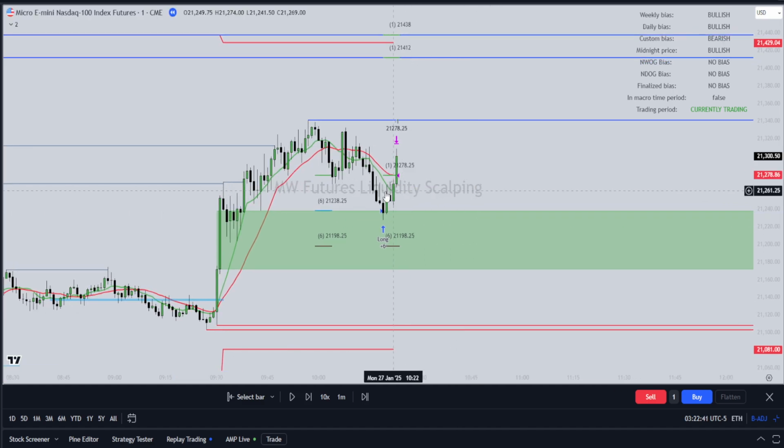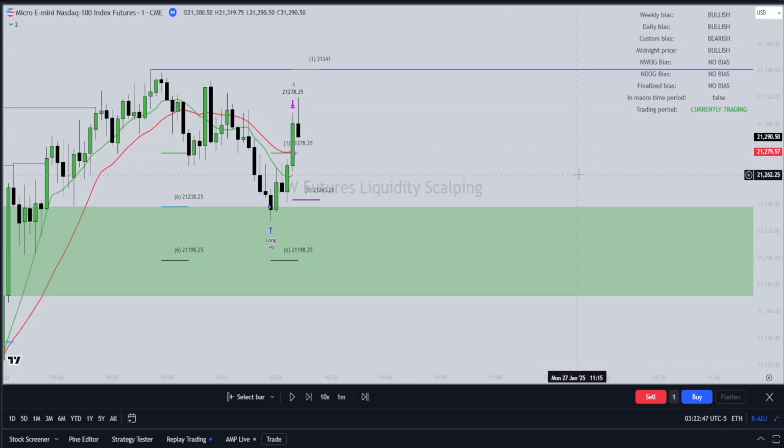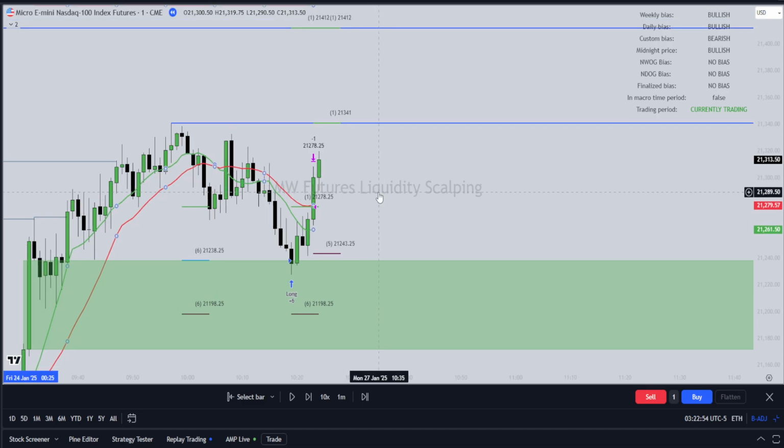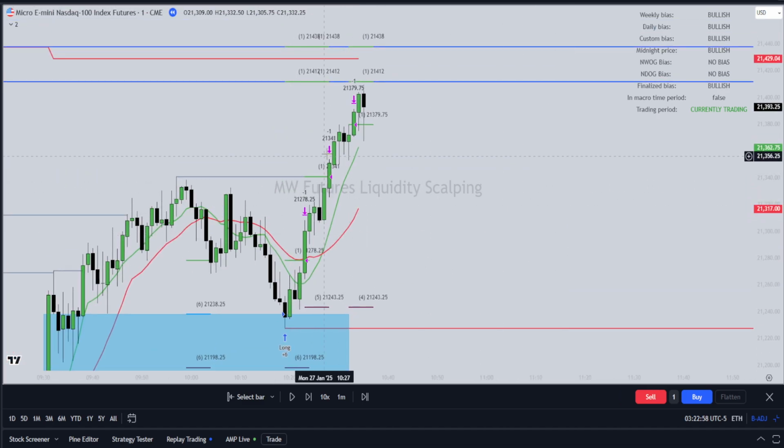Within 4 minutes we have hit our first TP, and in the next candle you will see that we have put our stop to break even, and price basically just continues to rise.